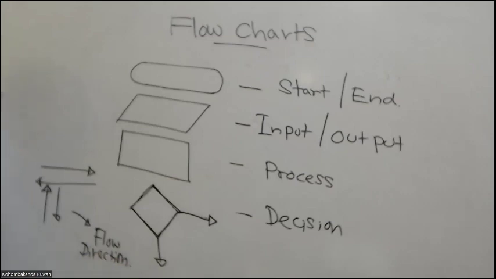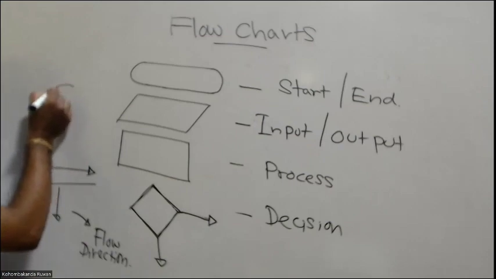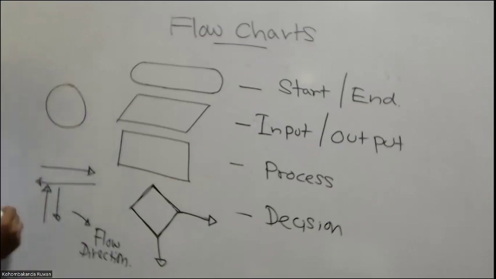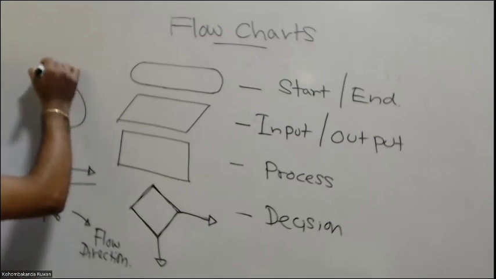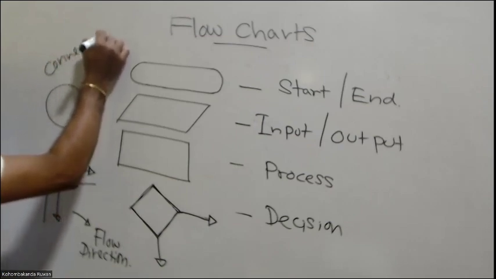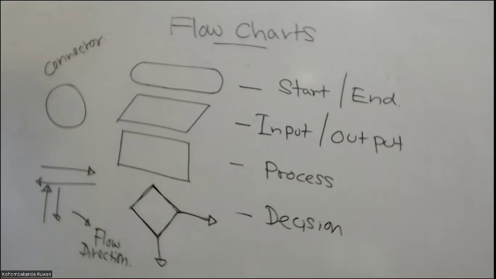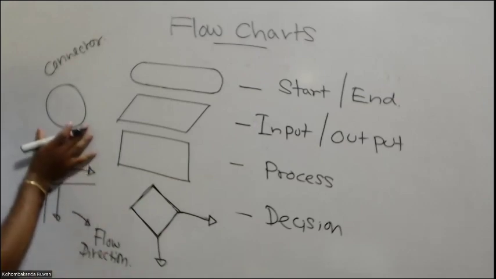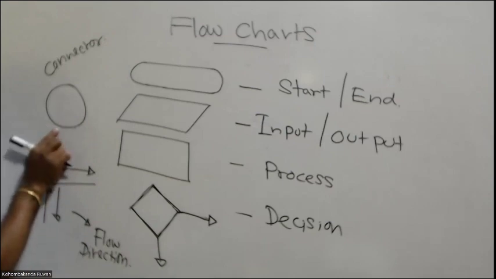Flow directions. Another one, this kind of circle, is for connector. If you have two different flowcharts, you can connect them together by using this symbol, connector.